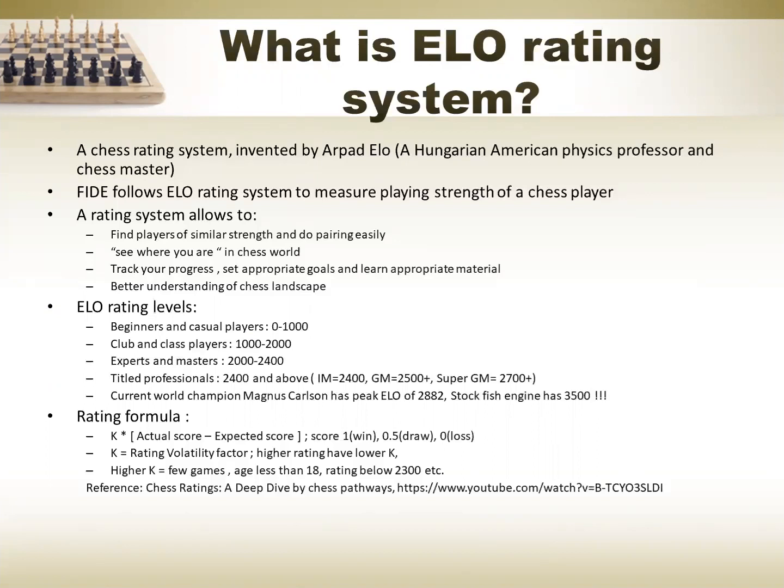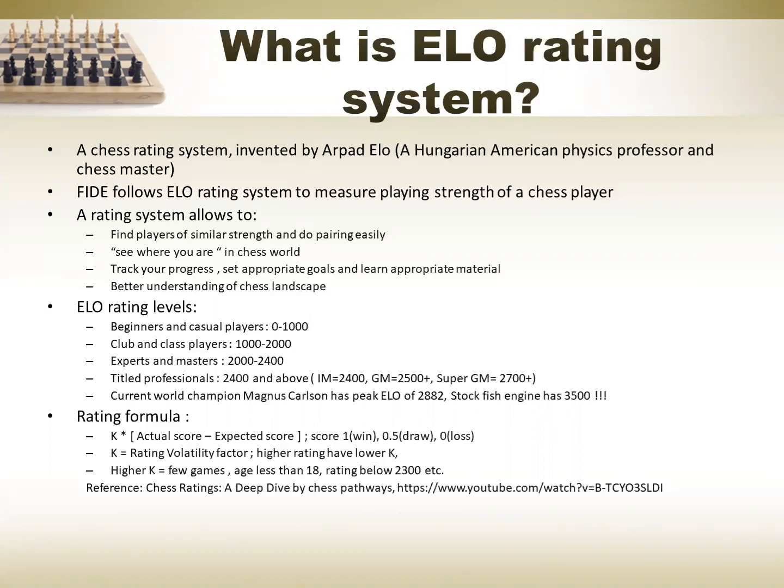If you get an ELO rating of 2400 plus, you can get the International Master title. And if you get an ELO rating of more than 2500 and get 3 GM norms, you will get the Grandmaster title. And if you have an ELO rating of more than 2700, you are classified as a super GM.